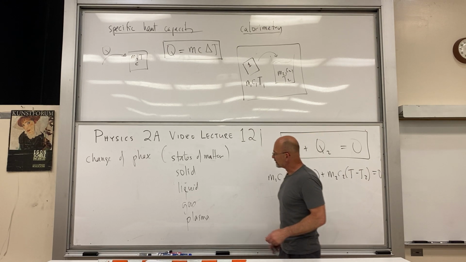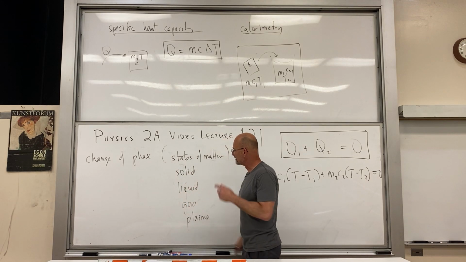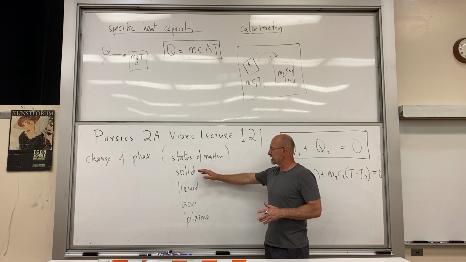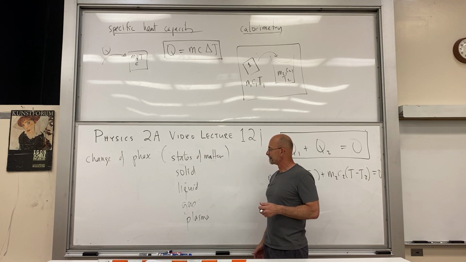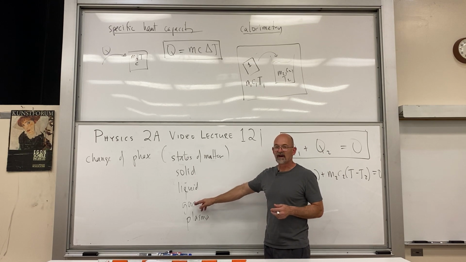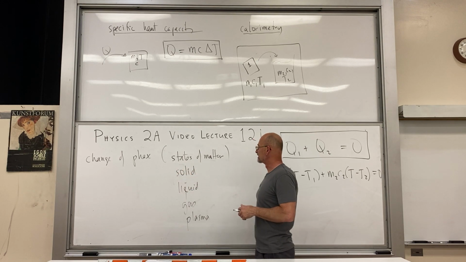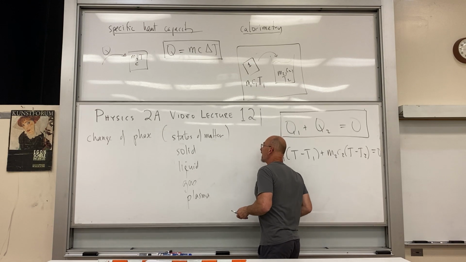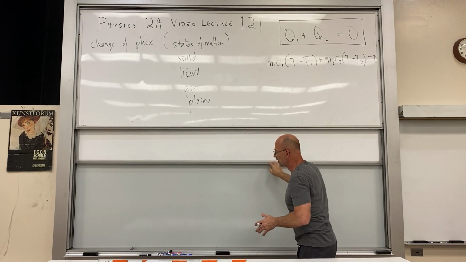So change of phase is what we're talking about when we change from the solid to the liquid to the gas. And right at the outset, we can visualize taking a piece of ice, heating it up till it melts. And we got the liquid, heating it up some more till it vaporizes, and we have the gas. So what? We're putting energy into this object. Thermal energy.